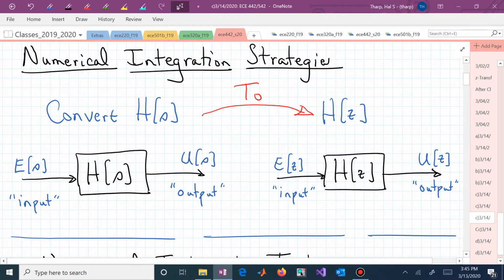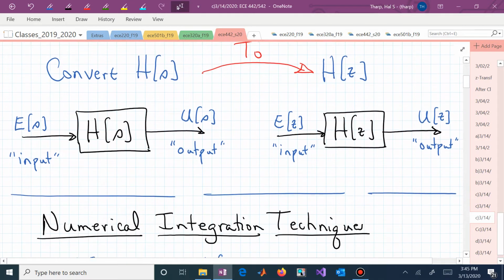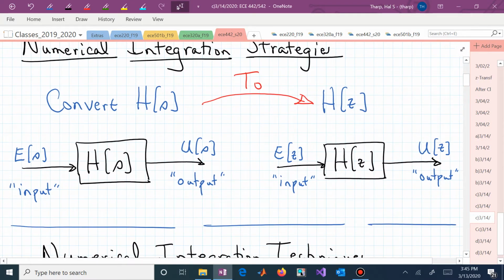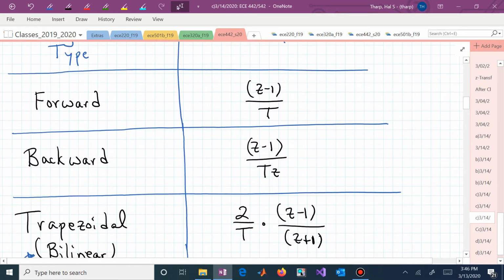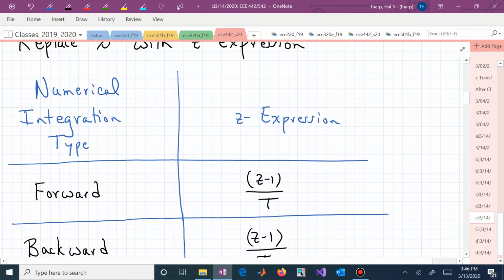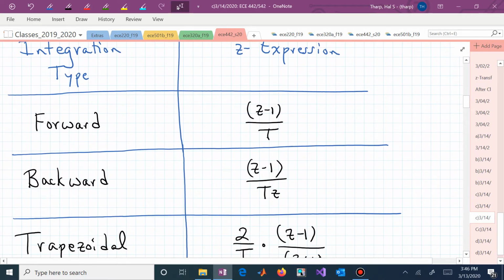We're doing scenario number 1 where we're trying to do a direct input-output discrete equivalent. We're not incorporating any dynamics before or after the transfer function capital H of S. We're going from the input E to the output U. We want to find the state space representation that would represent capital H of S to capital H of Z. We derive these different expressions or substitutions, the operation in the Z domain consistent with the operation of S in the Laplace setting.